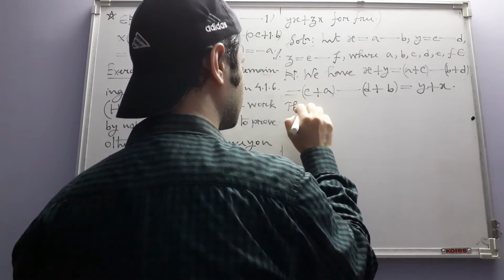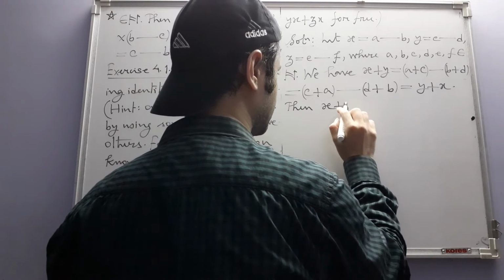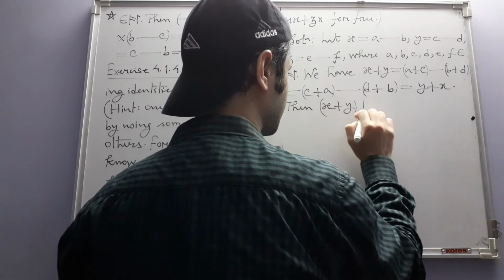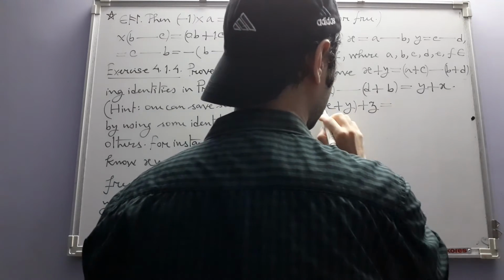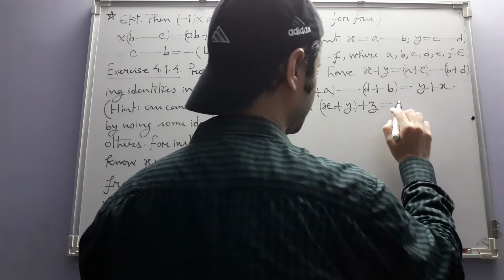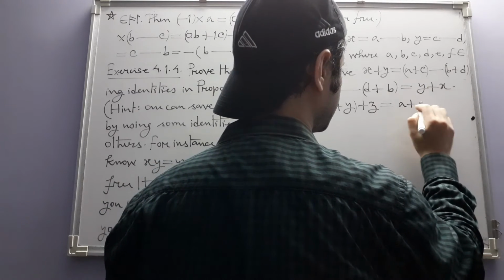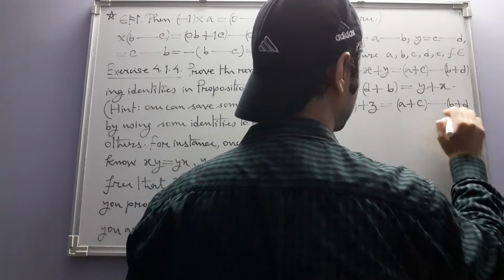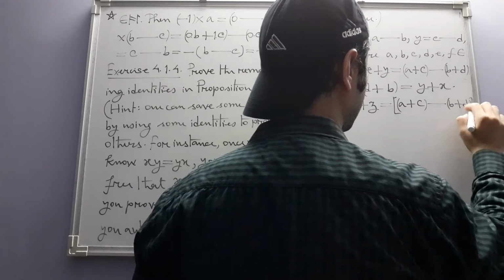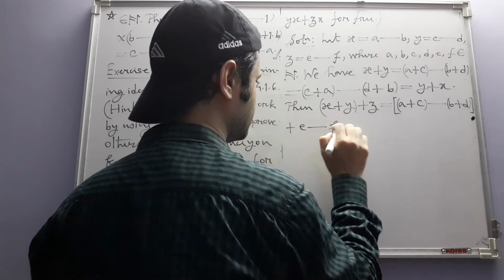Then next is addition is associative, x plus y plus z. If we calculate x plus y first of all we get just this one, a plus c dash b plus d, then plus z, z is e dash f.